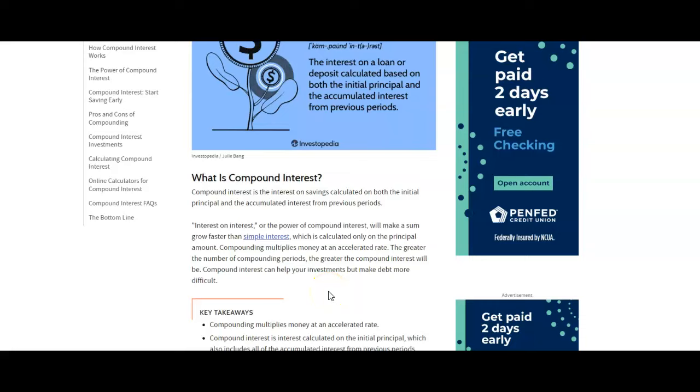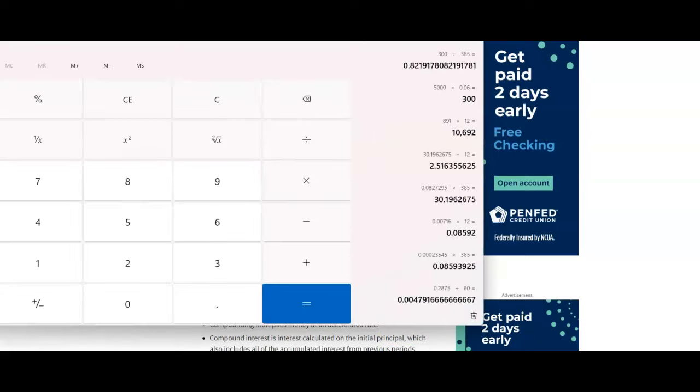So anyway, I was messing around with my calculator with different figures. If you have $5,000 saved up, and you got it in Bitcoin, and you have a wallet that pays 6% interest, okay?